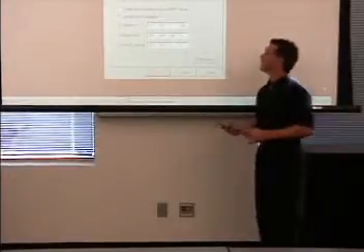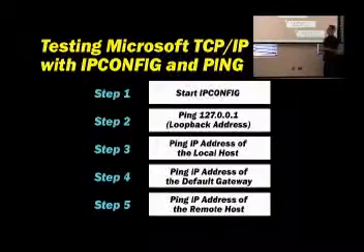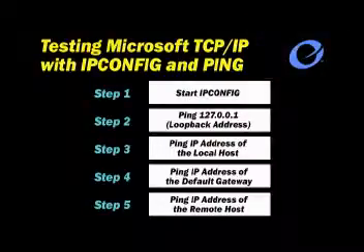To test Microsoft TCP/IP, we're verifying that TCP/IP is actually installed and bound to the network adapter card, verifying that we have communication with not only the local network card, but also other hosts inside of the organization. Hosts being other computers, network printers, routers, anything that has an IP address for communication.